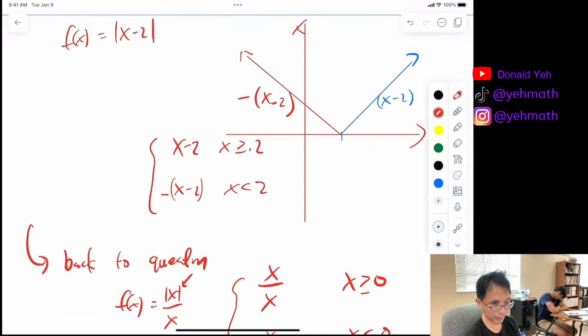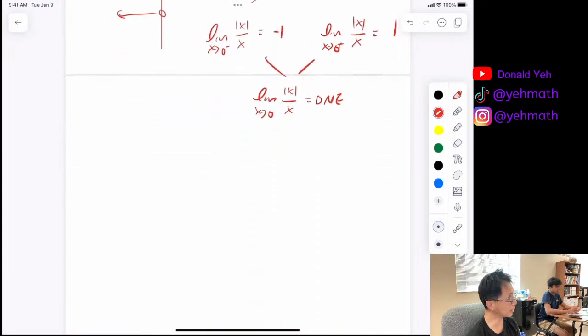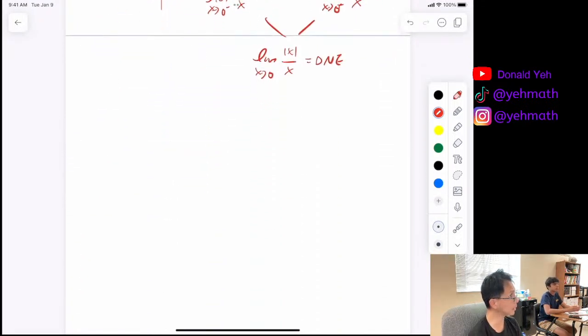Yeah, then that's going to look like this. On the left it's going to be 1, on the right it's going to be -1. Will we ever have to deal with transformations? Yeah, possibly. We don't know yet. You're going to see it later, maybe in homework and stuff like that.